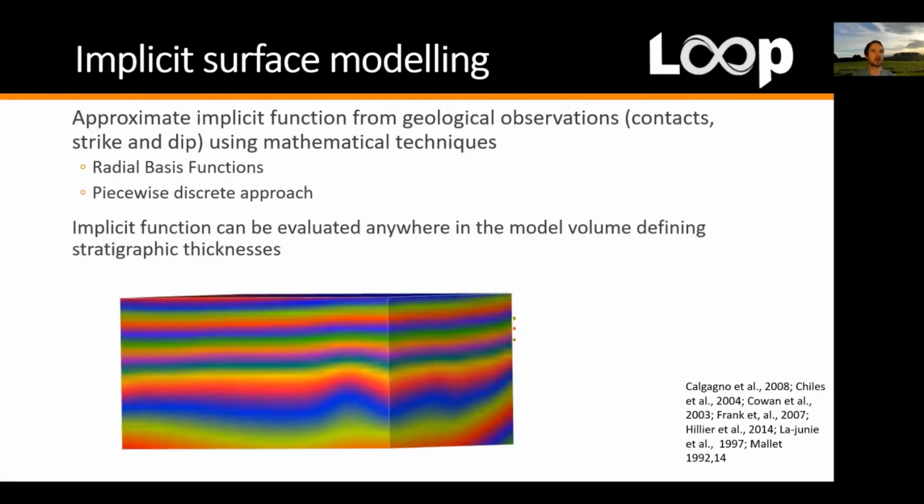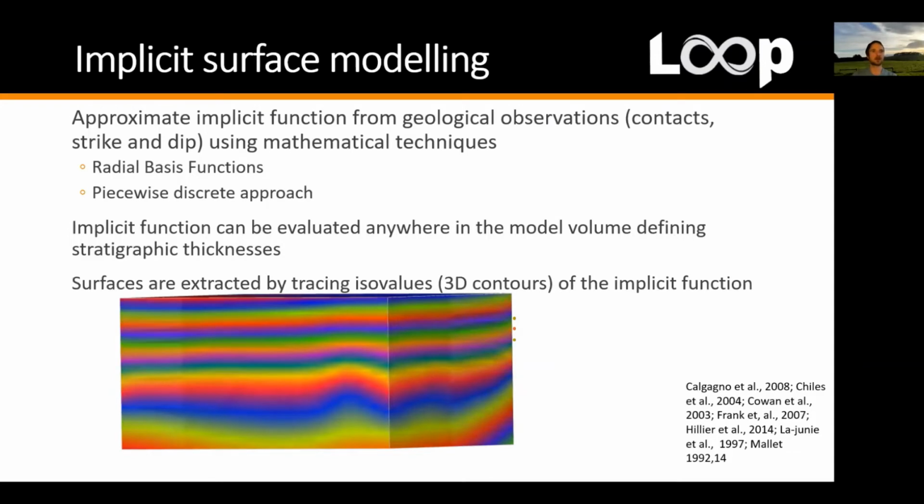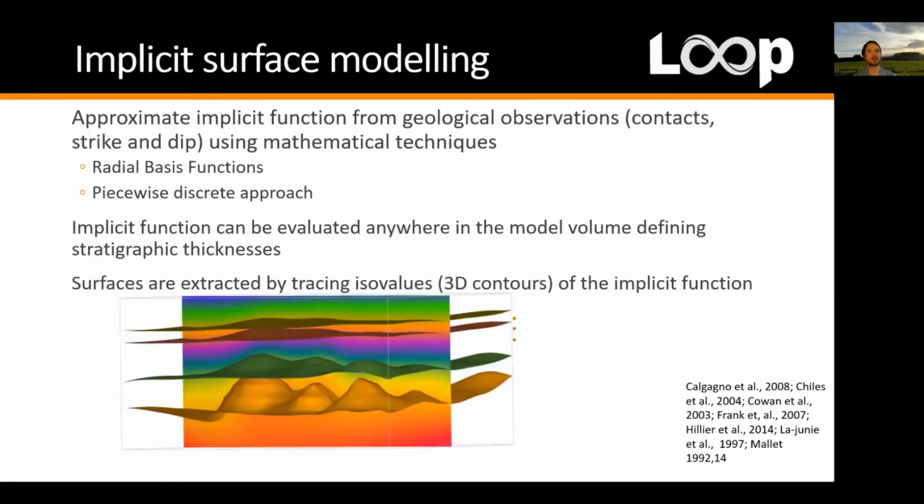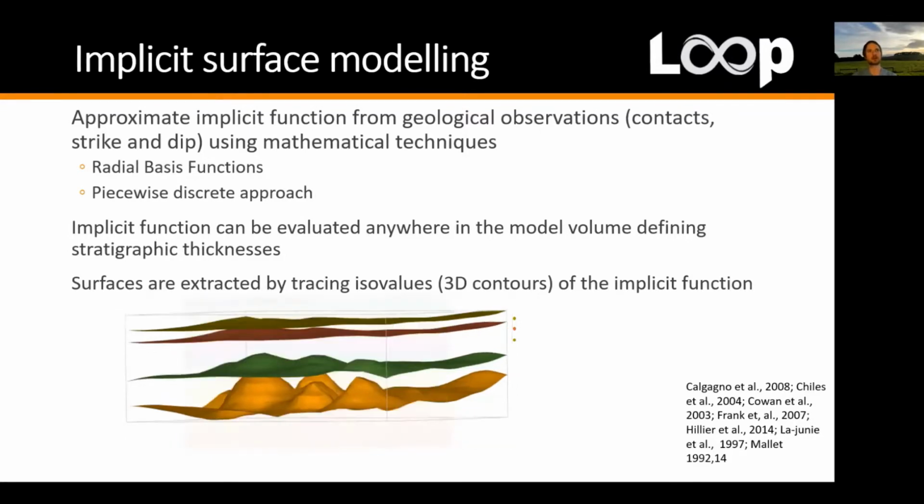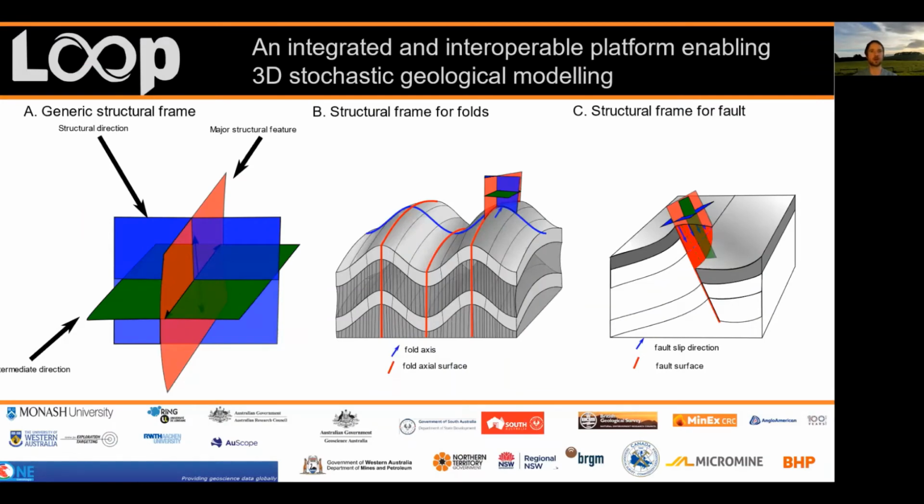So we end up with some continuous function that we can evaluate throughout the model domain. We can extract ISO values, so surfaces of the implicit function, or we could just look at the function along a section.